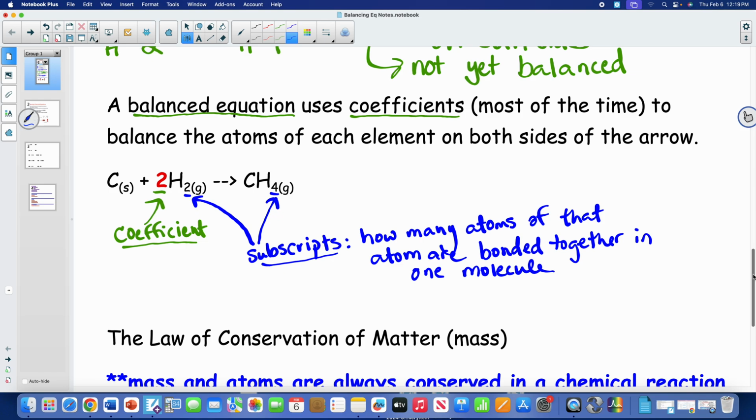The coefficient says how many molecules are taking part in the reaction.